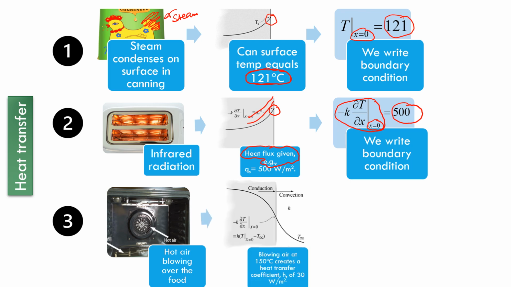So the condition simply says that whatever is coming out of the solid from inside should be equal to what is leaving outside, meaning if you think of a line that has no mass, then what's coming from the left should be equal to what's leaving to the right.